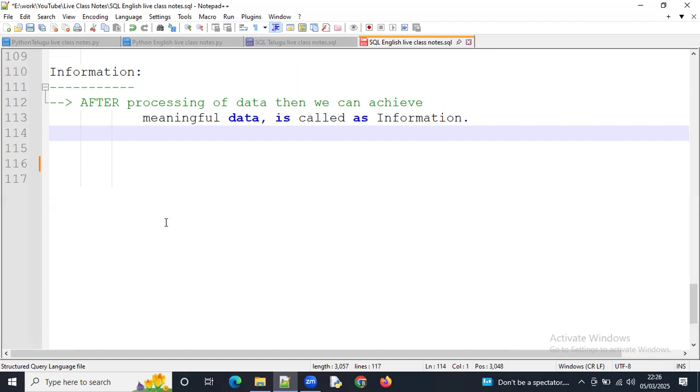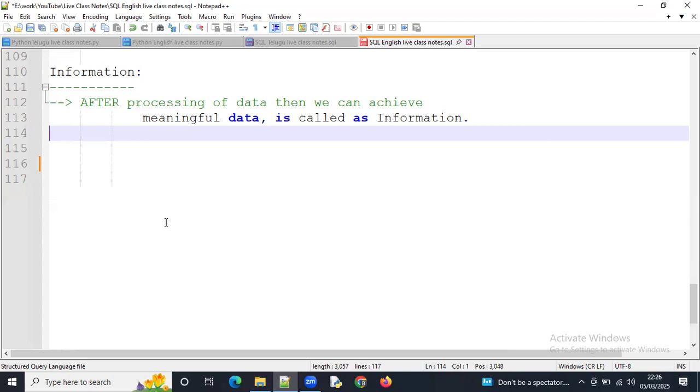It will process 2 into 2 equals 4. Four is the information, 2 into 2 is the data, and we are processing the data by means of multiplication. The output of that data is 4, which we call information.